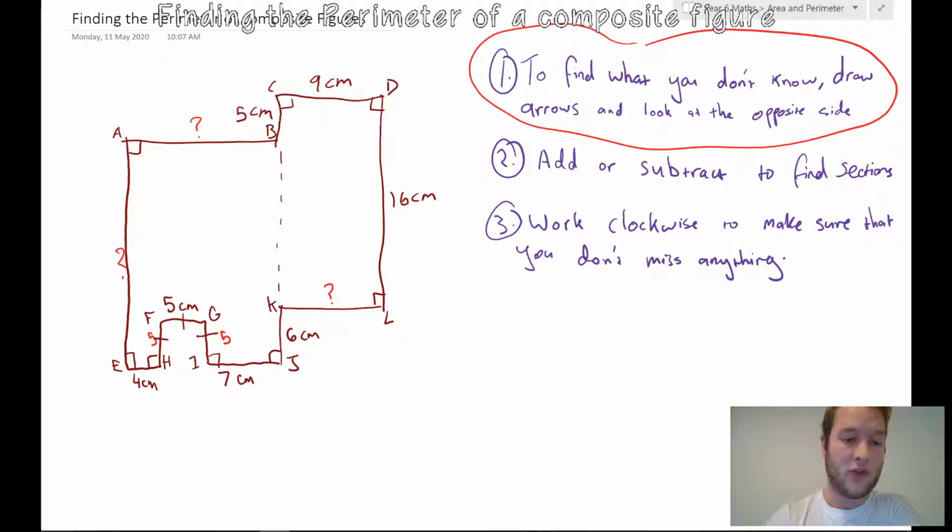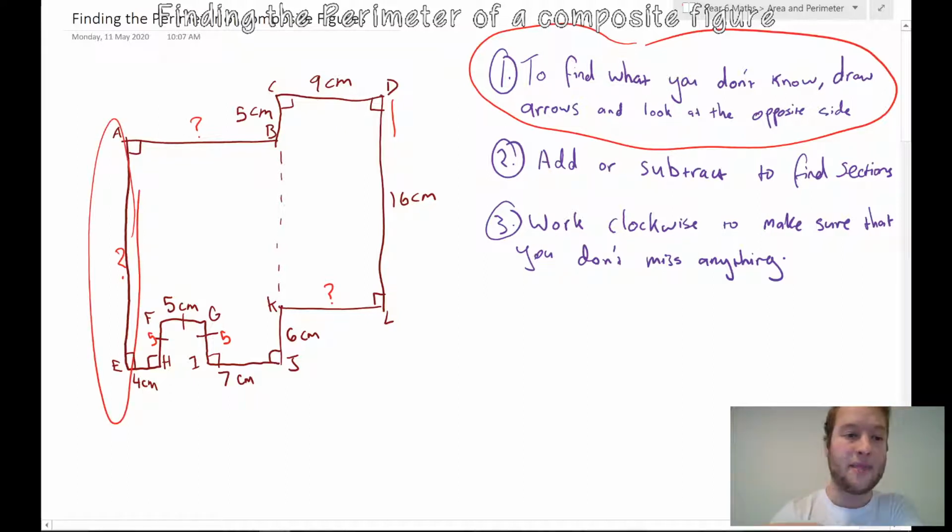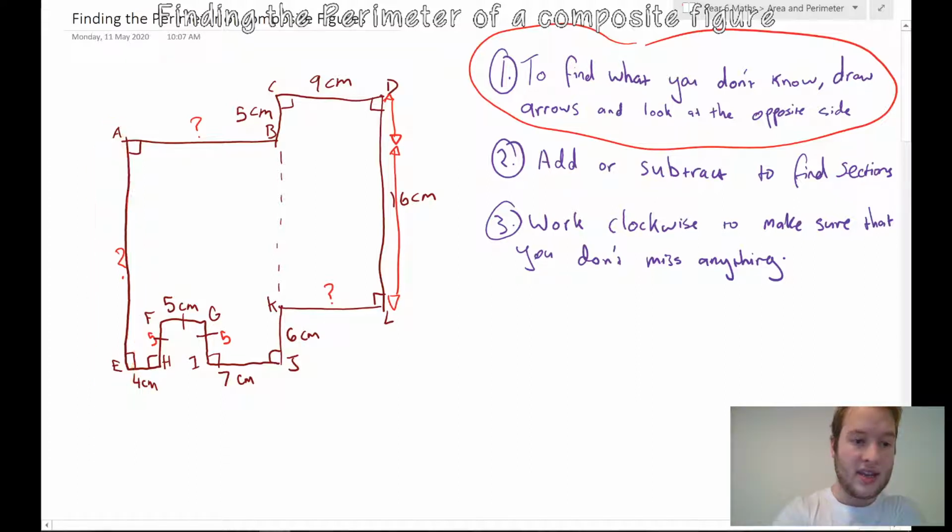So, for an example, if I wanted to work out what this measurement here is, A to E, it'll be important that I work out what this little section here is, so that I could then work out what this section here is, right? Because I know that A to E is just this line here that stops, and then a little line here, which I already know.